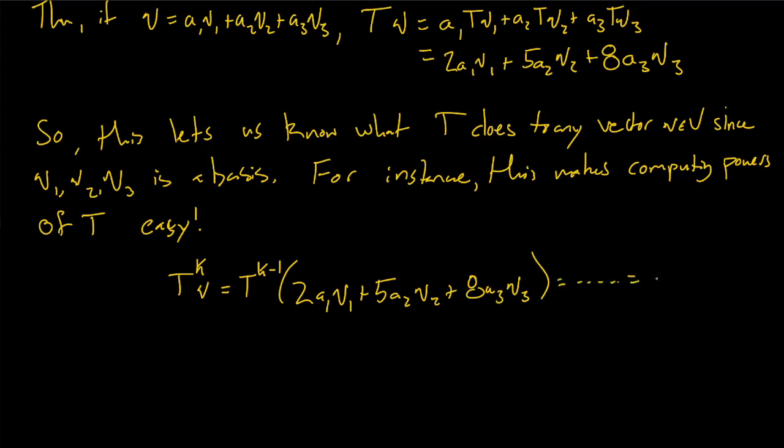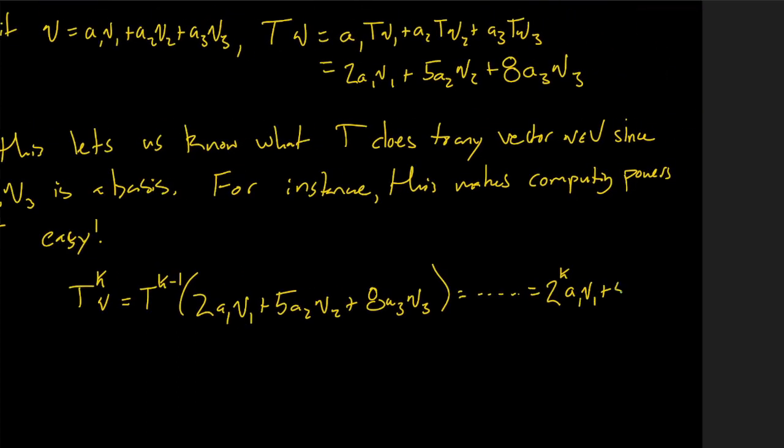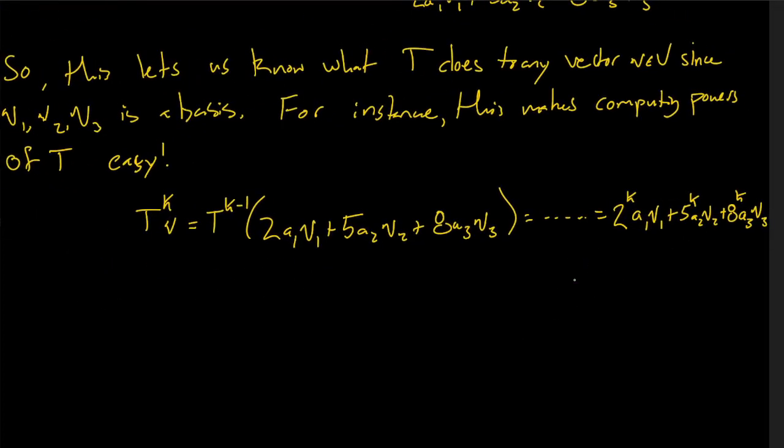And what we'll end up getting is this extremely nice answer. We'll just get 2 to the K A1 V1 plus 5 to the K A2 V2 plus 8 to the K A3 V3. Oh, cool.